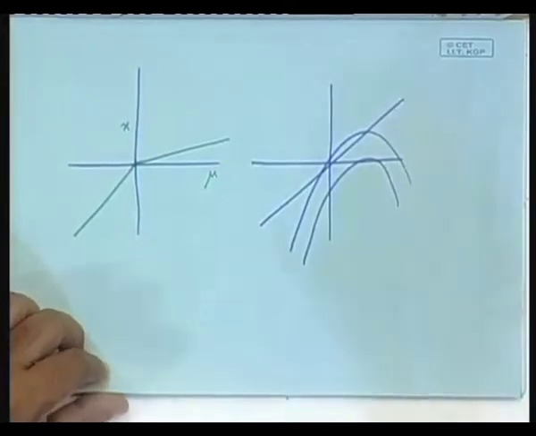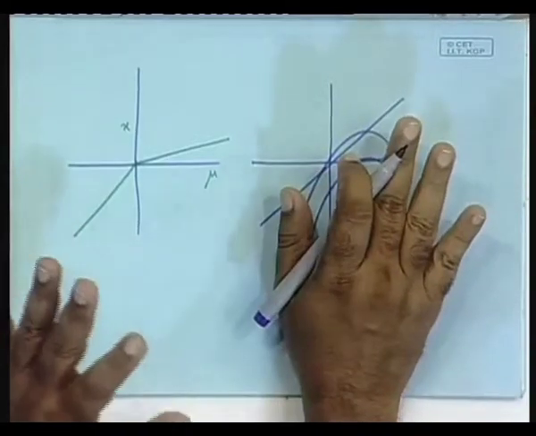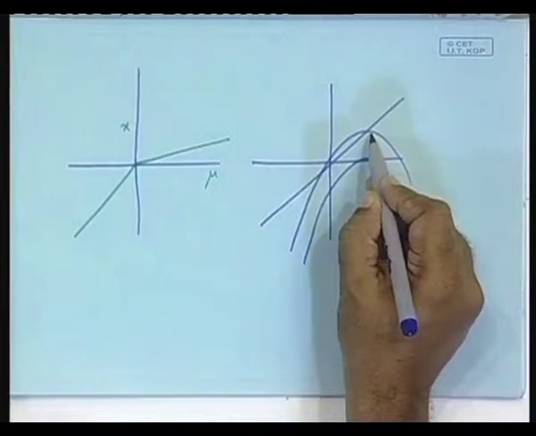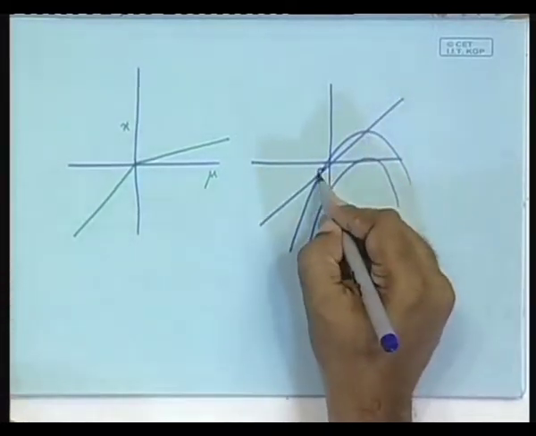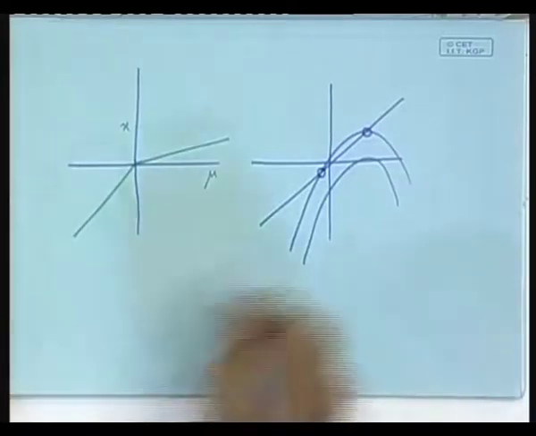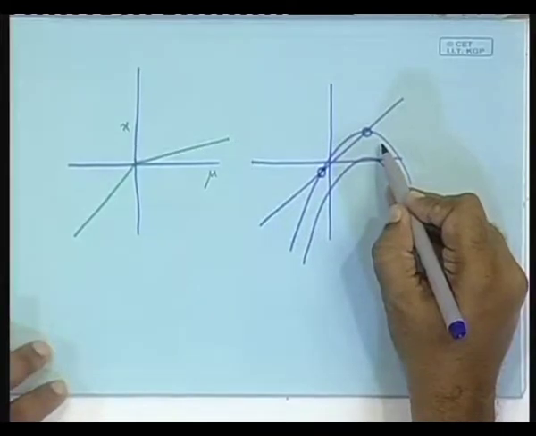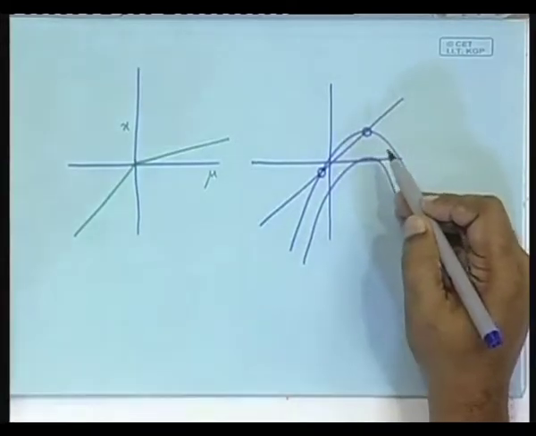Okay. But the only difference is, as you have already noted while we were talking about the one dimensional system, that in a smooth map, one fixed point is unstable, the other must be stable, because it is a smooth line. You cannot avoid it.